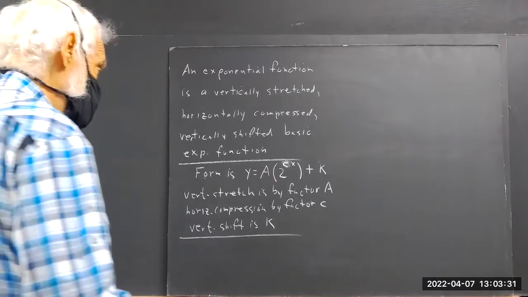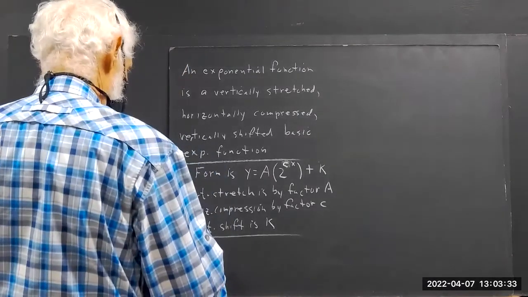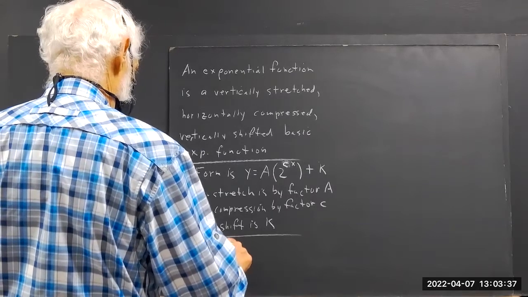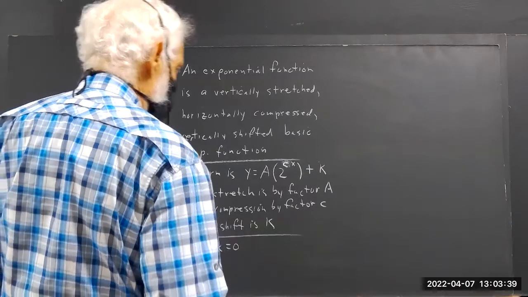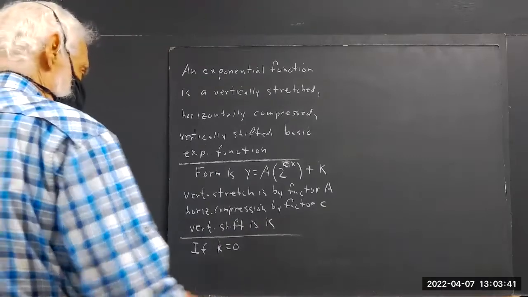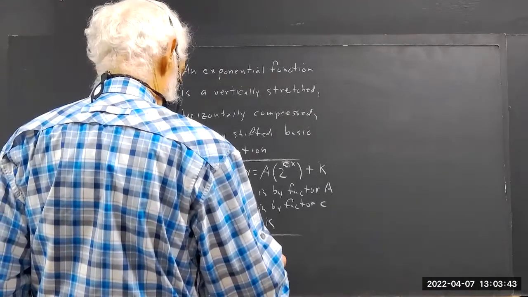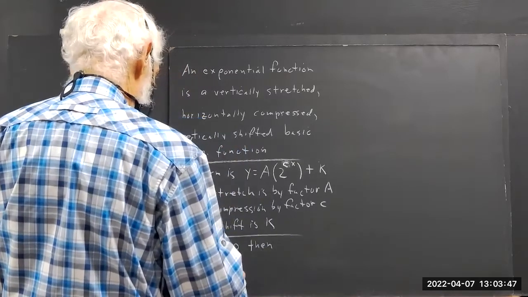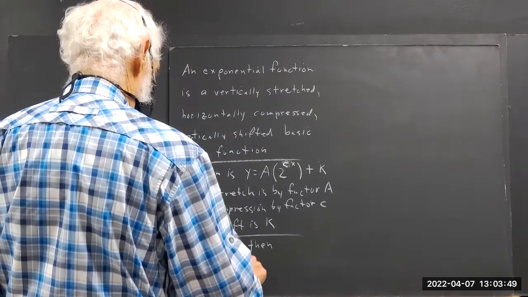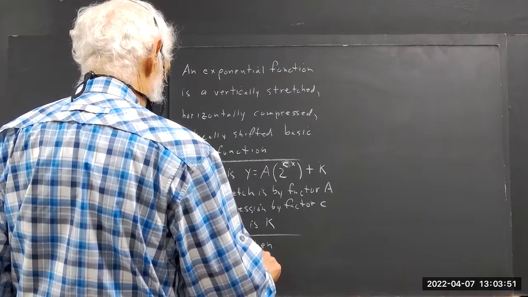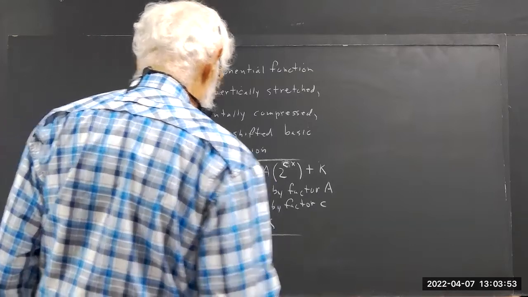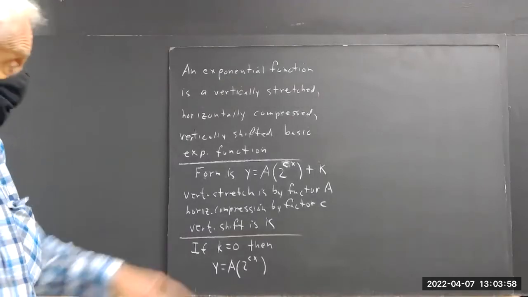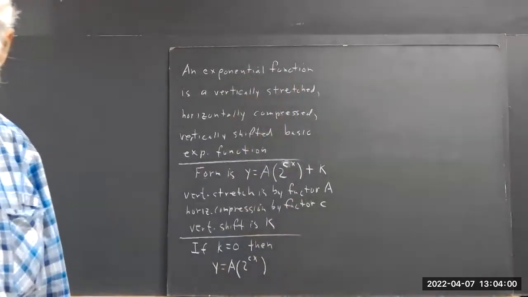Now, if K equals 0, then y equals A times 2 to the Cx. Okay, because K is 0, you don't have to write it down.